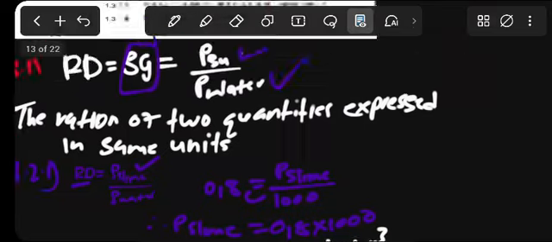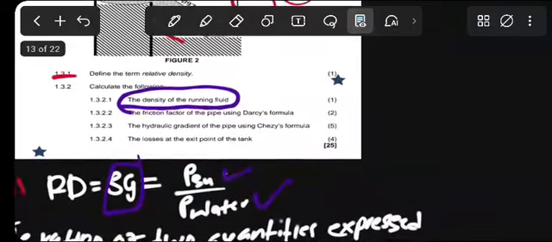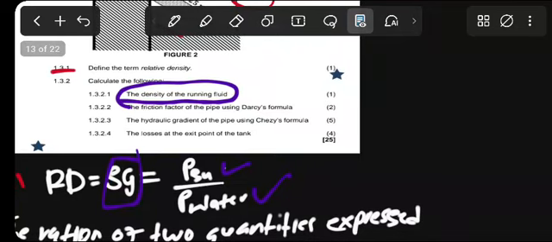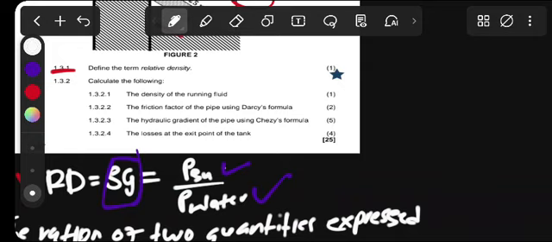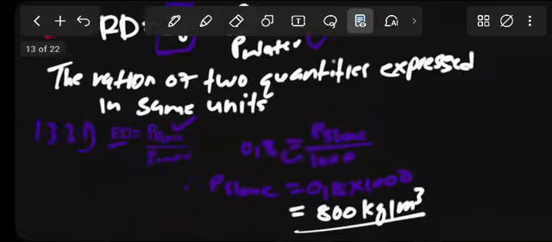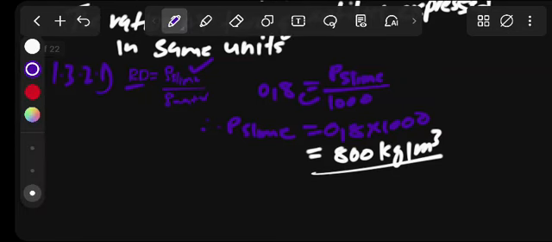Well done. Question 1.3.2 says determine the friction factor of the pipe using Darcy's formula. Be aware that it is Darcy, not Chezy. According to the numbering system, we want the friction factor.